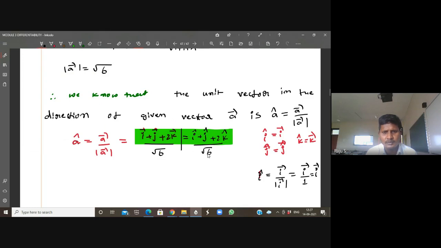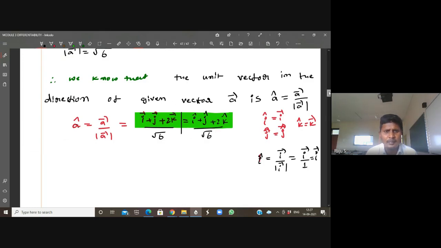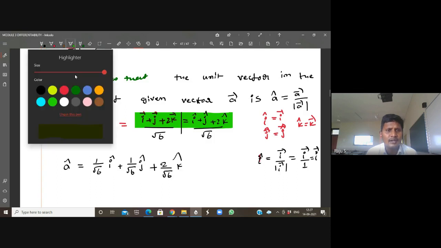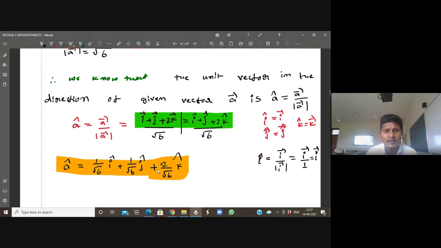You can write it separately: a cap is equal to 1 by root 6 into i cap plus 1 by root 6 into j cap plus 2 by root 6 into k cap. This is the required unit vector to the given vector.